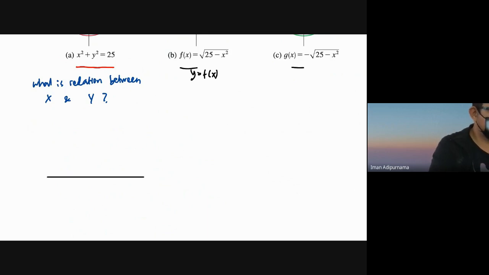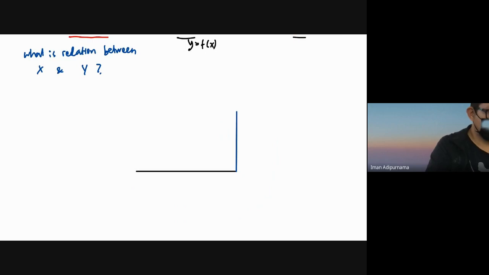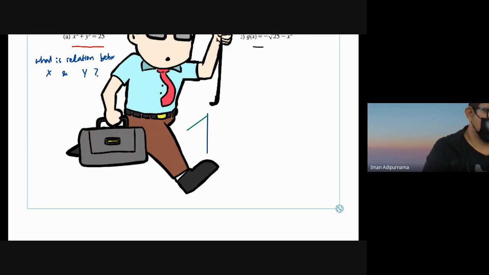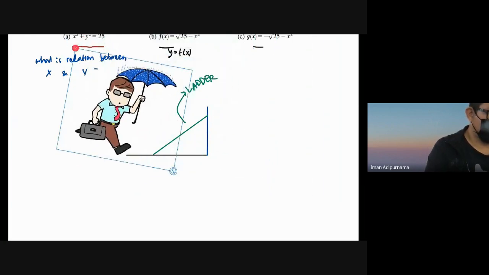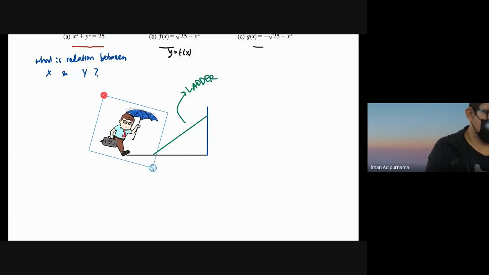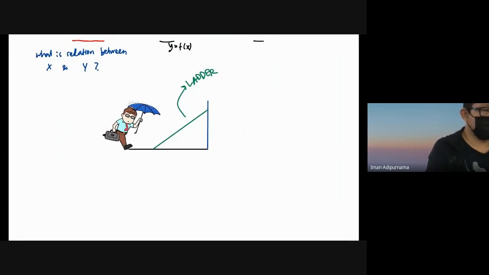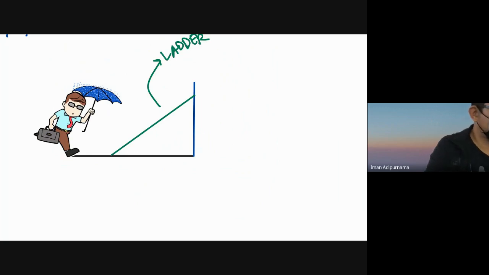I have some illustration here. I'm in the middle here, and imagine this green line is a ladder. You want to go up that ladder, but it has a slippery wall.